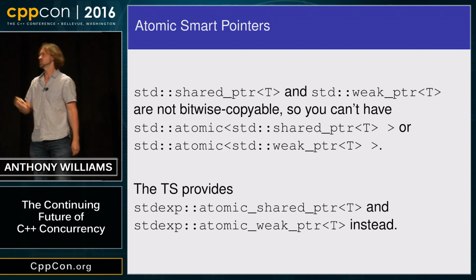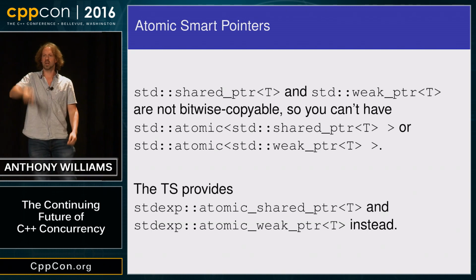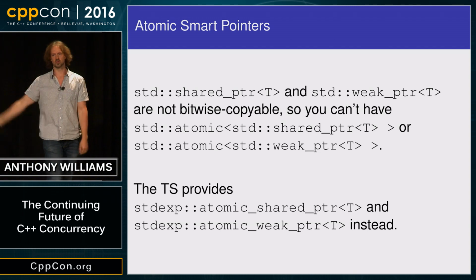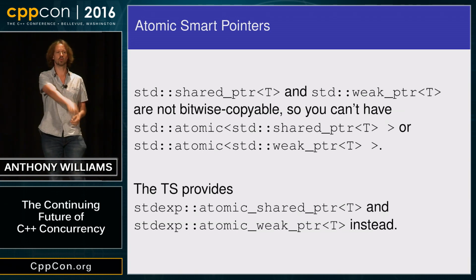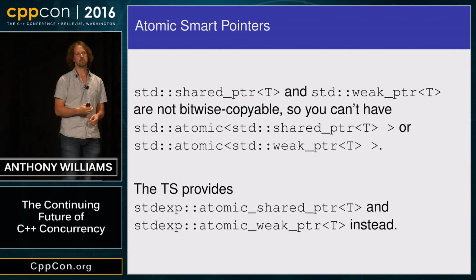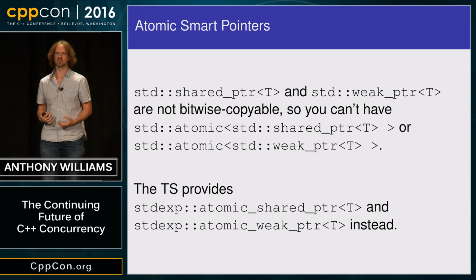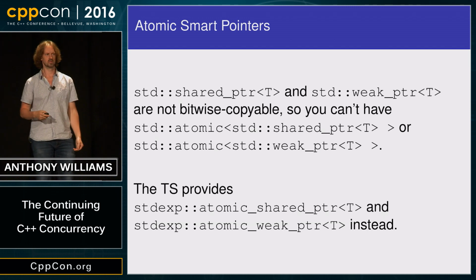And so in the TS, we've got std::experimental::atomic_shared_ptr and atomic_weak_ptr. These are special types that provide the same interface as the standard atomic interface, but they actually work on shared pointers, whereas the standard atomic interface can't because it has to deal with the reference counting.